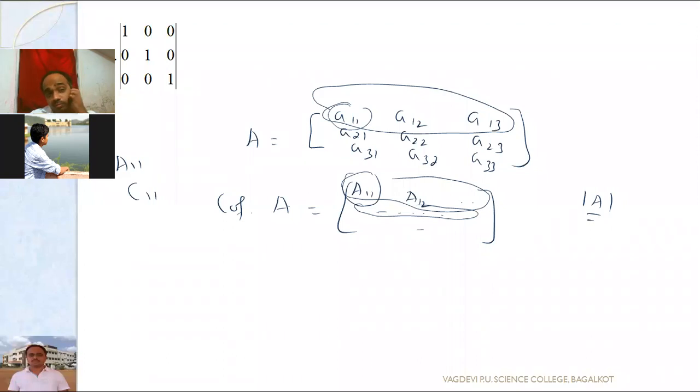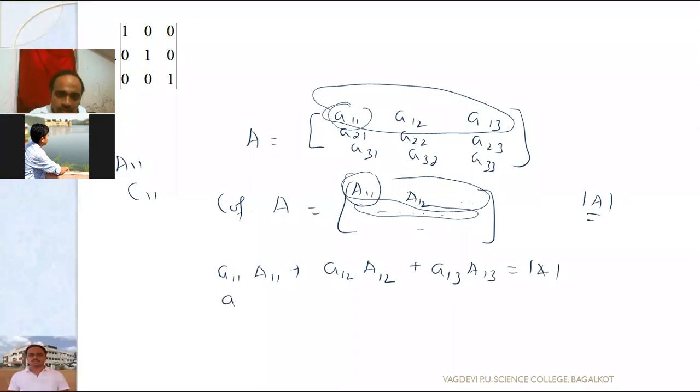You have to find the cofactor by deleting the row and column, as I explained. You have to multiply these two, meaning small a11 into capital A11. Similarly, small a12 and its cofactor capital A12, small a13 and its cofactor capital A13. So this is always equal to the determinant of A.